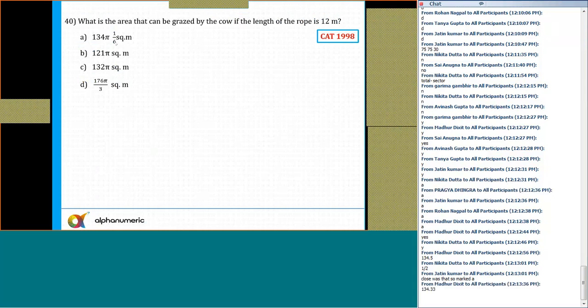Or is it 133 pi 1 by 6? Okay, we'll see that. 134.3. Yes, 134 pi by 3. It should actually be 134 pi by 3. Am I right? All of you are getting 134 pi by 3.